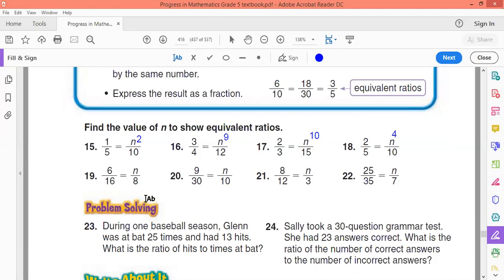Yes. Now, 6 over 16. Hassan, are you here? Okay, Abdul Mohsin, you tell me. Down, right, divided by 2.